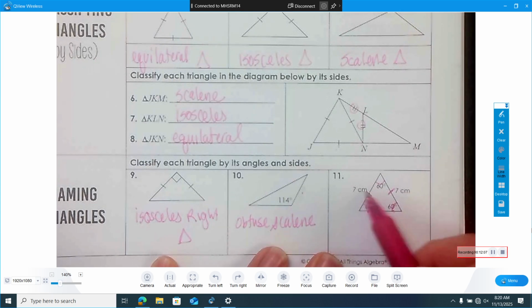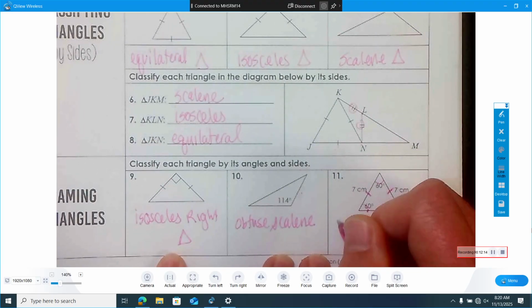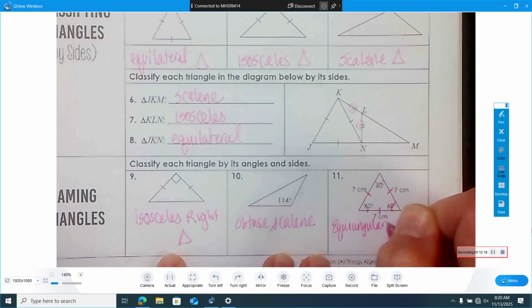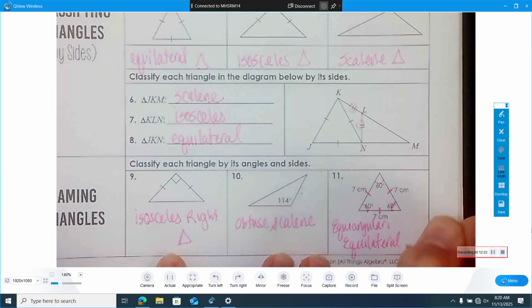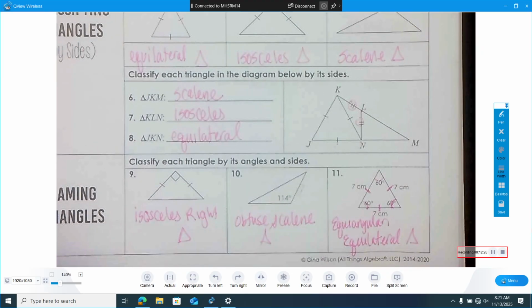They put some measurements for the sides, so I'm going to mark my sides congruent. So this is equiangular, equilateral triangle. Okie dokie, questions so far? Good. Equiangular and equilateral.